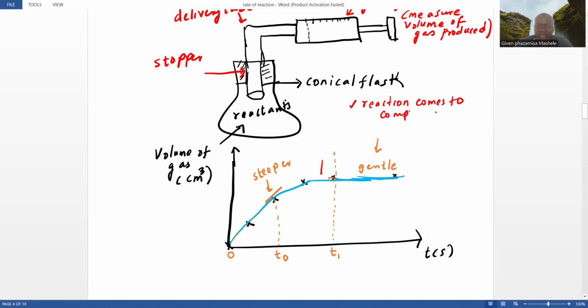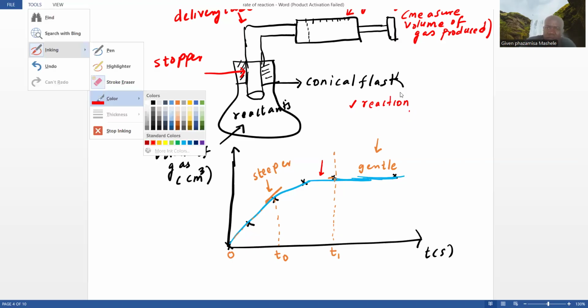But let's just say the reaction stopped. The reaction ended or the reaction stopped. This is an indication that the reaction stopped.